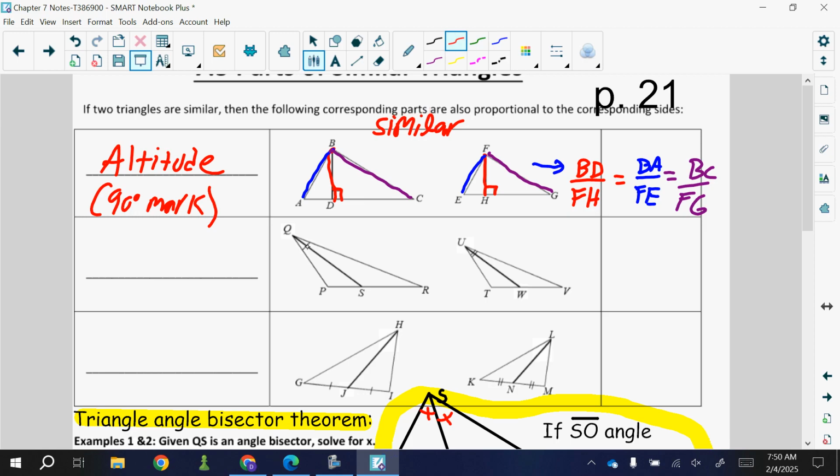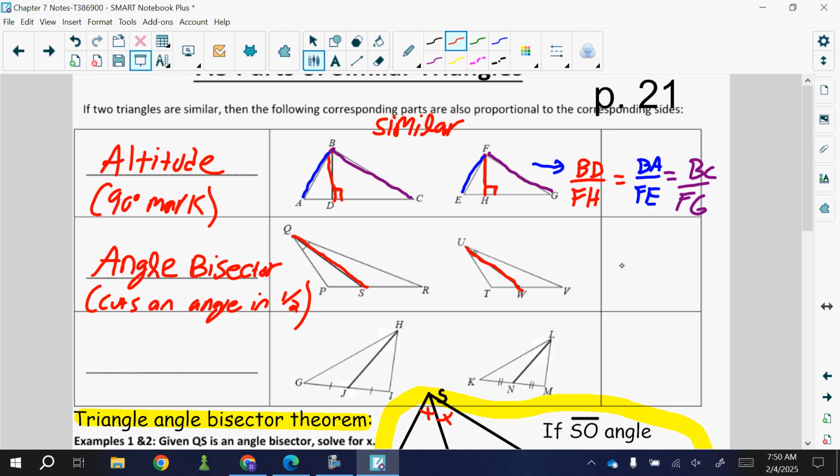Next, we've got sides like this. This is an angle bisector, which, don't forget, just means it cuts an angle in half. You can identify it with the angle congruency marks that you see over here.